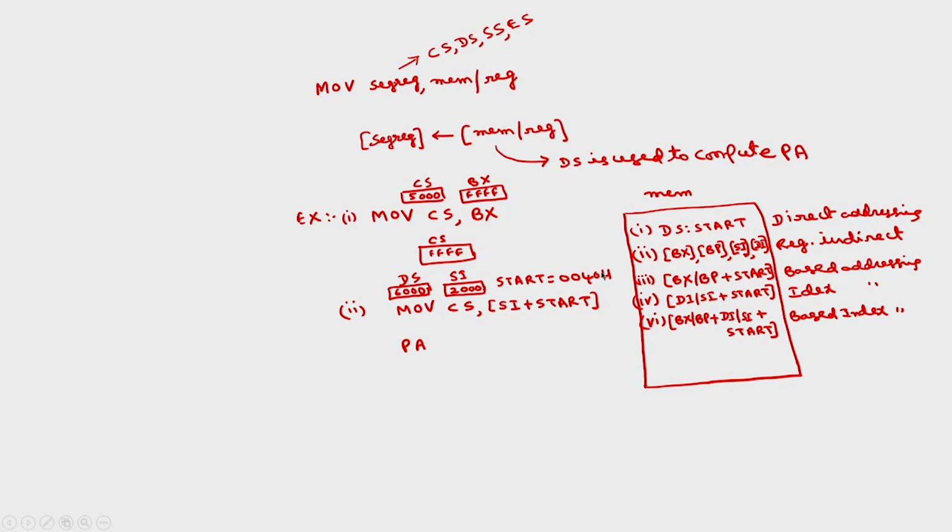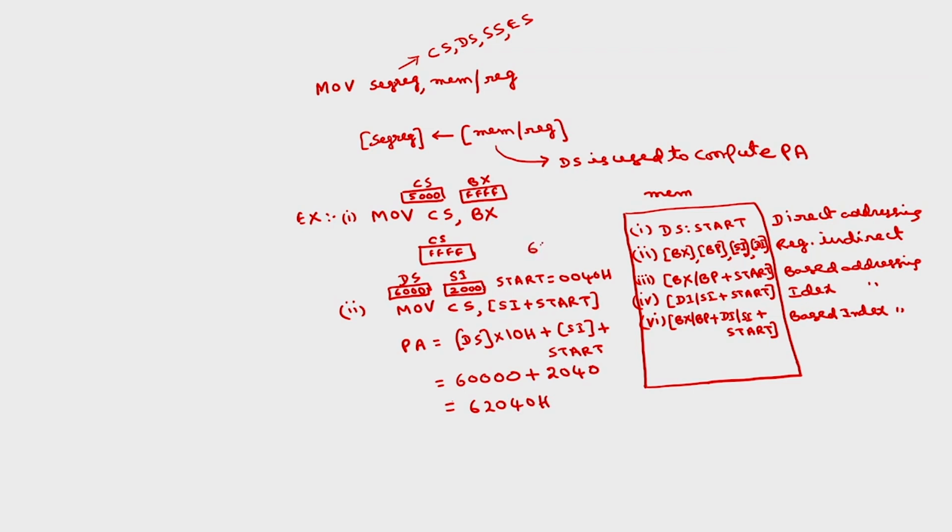Then the physical address will be, as we know, DS into 10H plus SI contents plus start. So, this will be 60,000 plus 2040, which is 62,040H.